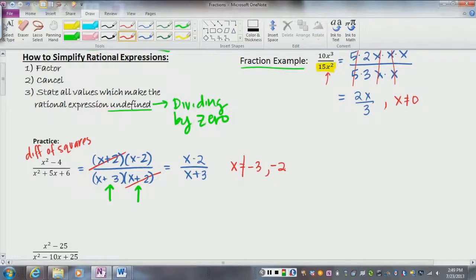Both of those values would make this rational expression undefined. And this would be my answer in simplified form. Let's do another one.